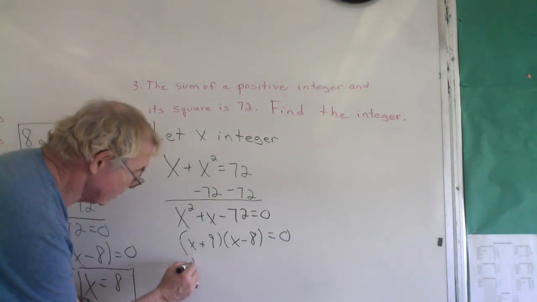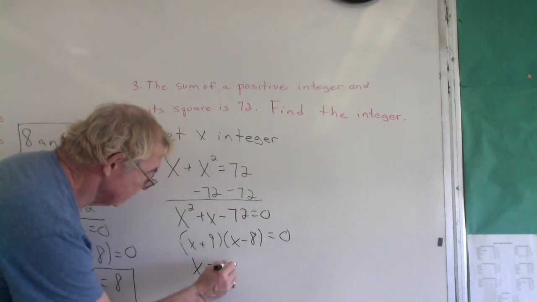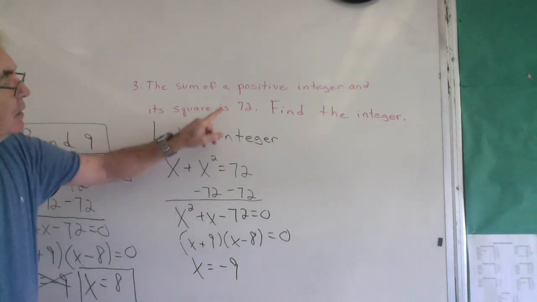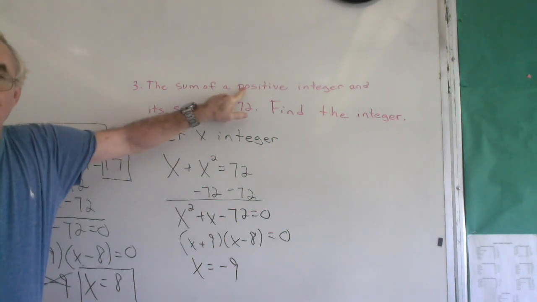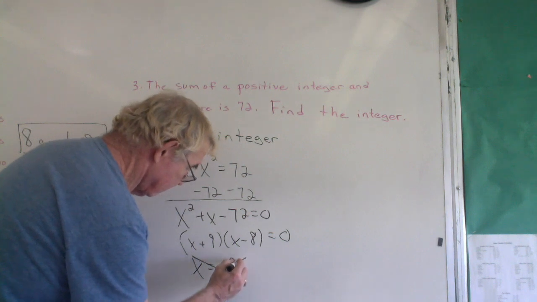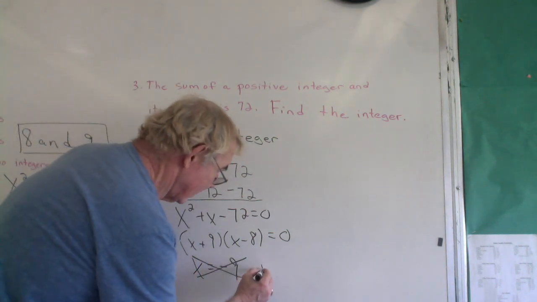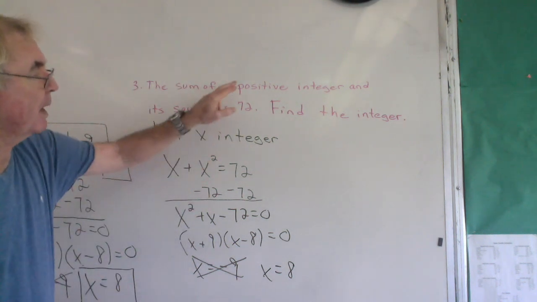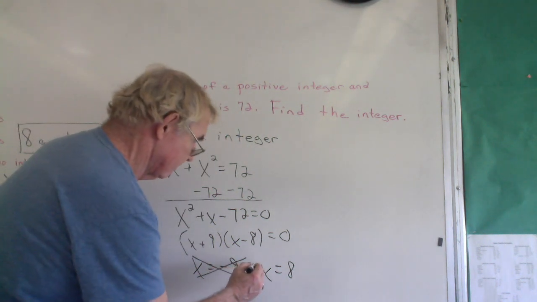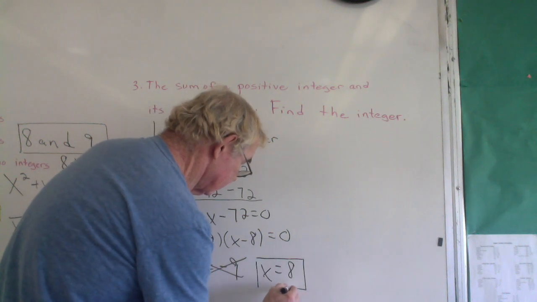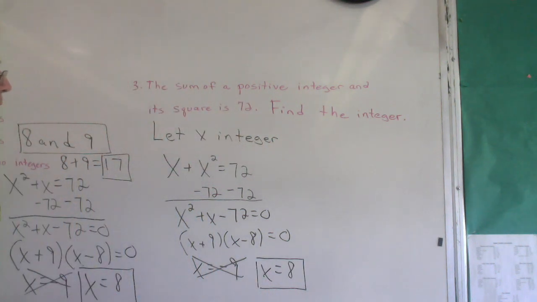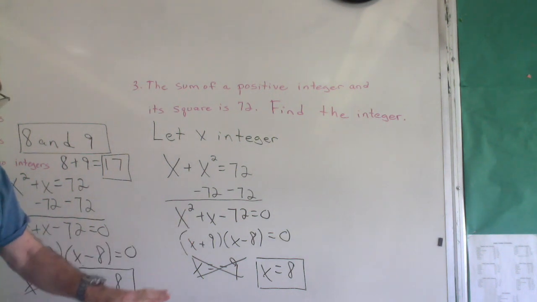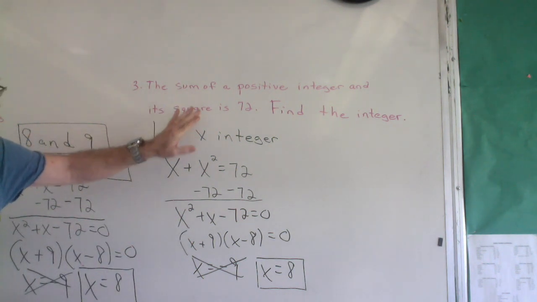So we have x to be -9, but it can't be -9 because it's a positive integer. So we reject it, and then x would equal 8, which is positive. We take it. So we have two integers that we worked out mathematically. One doesn't fit the question, the other's 8.